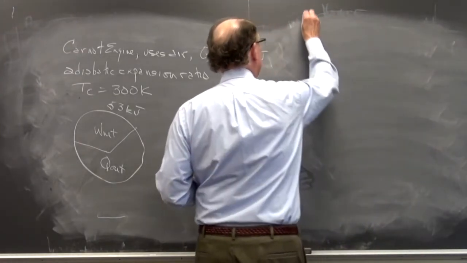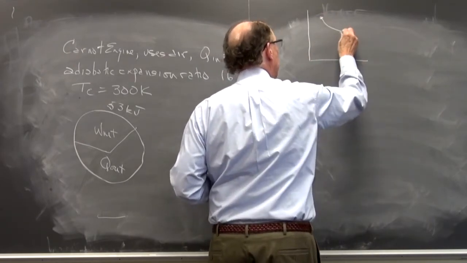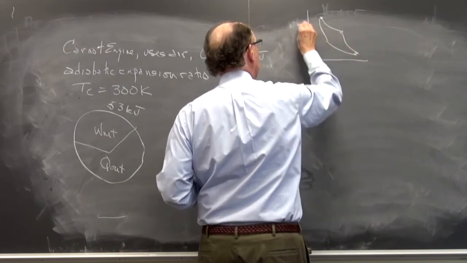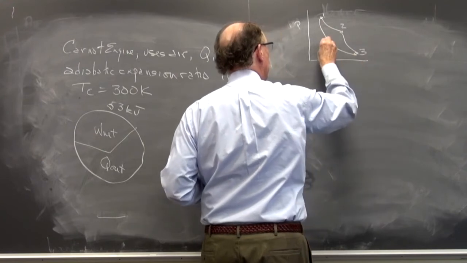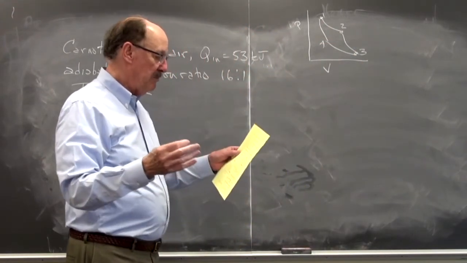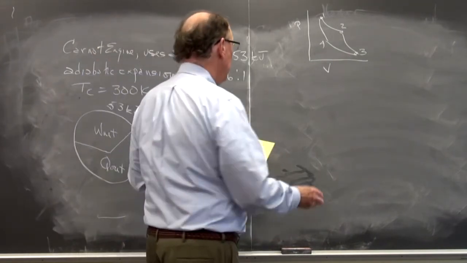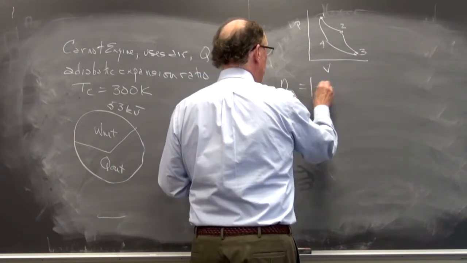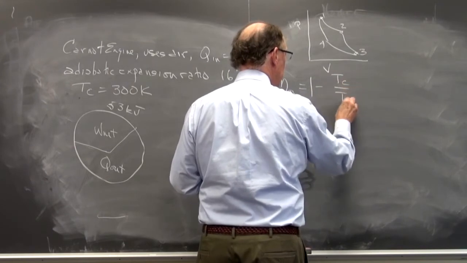I'll draw this little diagram again, simply so that we have it in our mind. And I know that the thermal efficiency is 1 minus TC over TH.